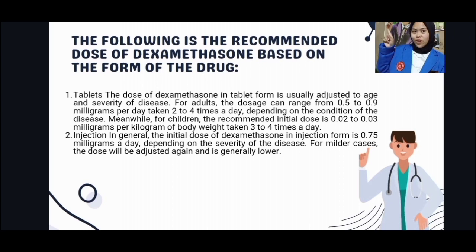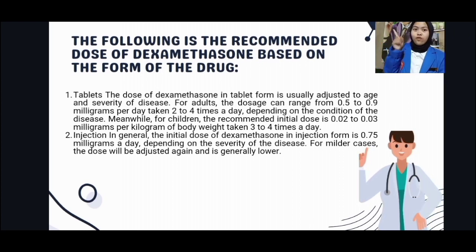Next, the following is the recommended dose of dexamethasone based on the form of the drug. Point 1. Tablets. The dose of dexamethasone in tablet form is usually adjusted to age and severity of disease.